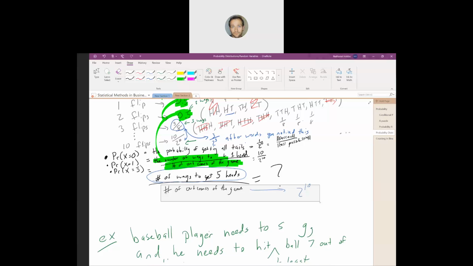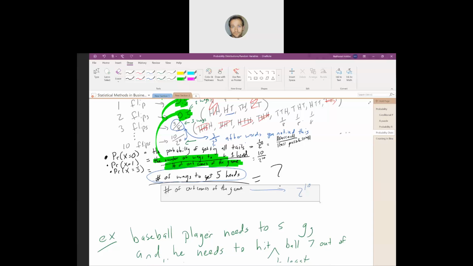Here, the number of outcomes of the game, thinking about the number of outcomes of 1 flip is 2. The number of outcomes for 2 flips, well, there's 4 outcomes. For 3 flips, that's 8. And now you've already got that it's 2 to the power of whatever you're at. Pause and take 30 seconds or whatever it is to think through where this is coming from.